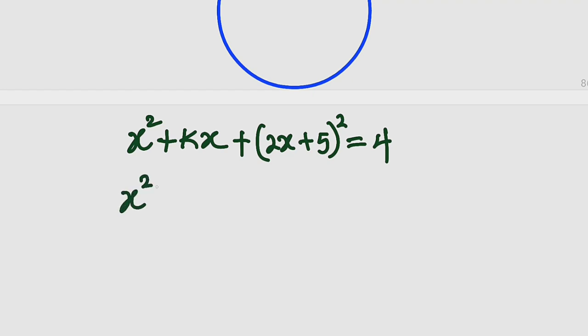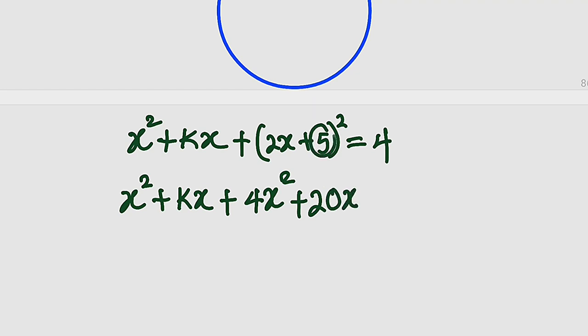We have x squared plus kx plus, take this and square that, you're going to obtain 4x squared plus 2 times 4x times 5 is 20x. Then 5 squared is 25. Then you can bring this one in, it becomes negative, and the whole of this equal to 0.